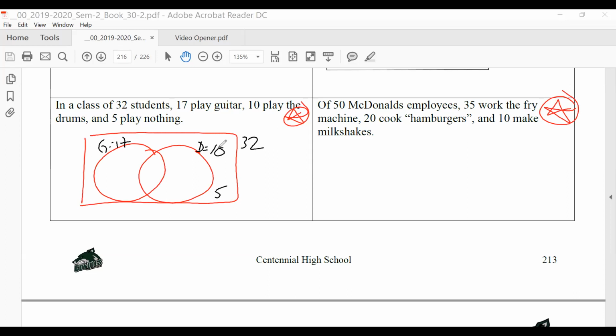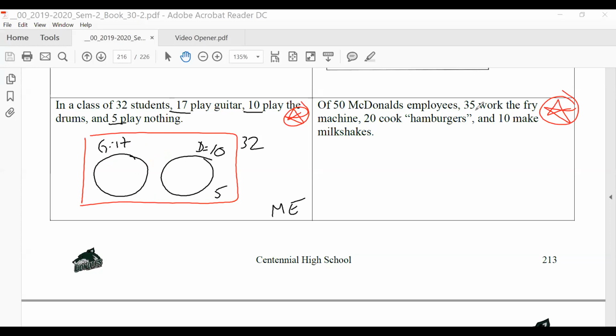Right? Oh, wait a minute. I want to think about this. Look, I'm going to add these numbers up. 17 plus 10 is 27 plus 5. Oh, 5 play nothing. All 3 of those added together is 32. So guess what? I shouldn't have drawn it like that, should I? Good question. Guess what? These kids only play 1 instrument each. Mutually exclusive.